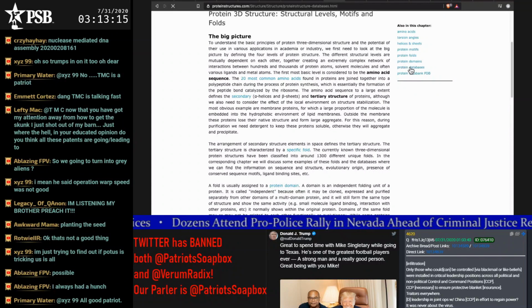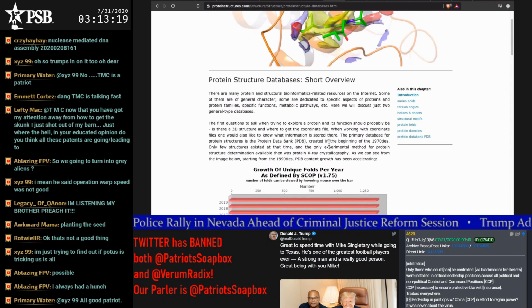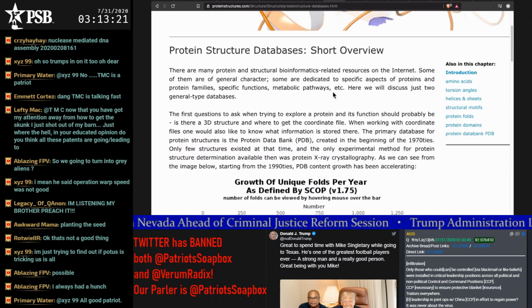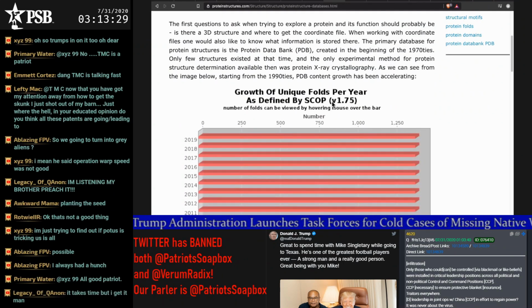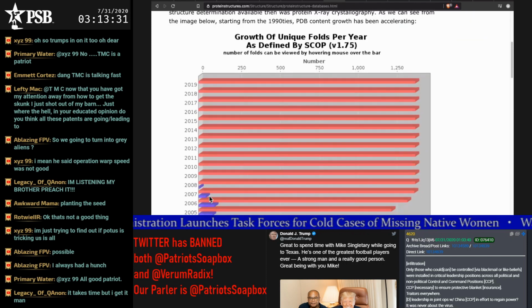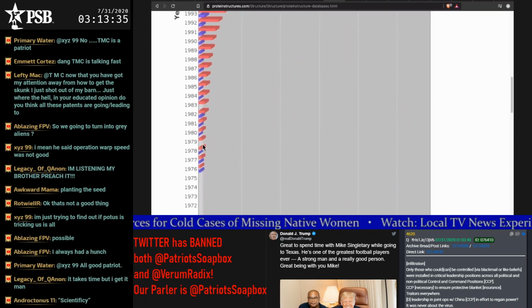And on this website, they talk about a protein database, protein structure databases, a short overview, bioinformatics, resources on the internet. These are commonly available. Growth of unique folds per year as defined by this group, right? So it's a long time ago, they started looking at proteins in the 70s.